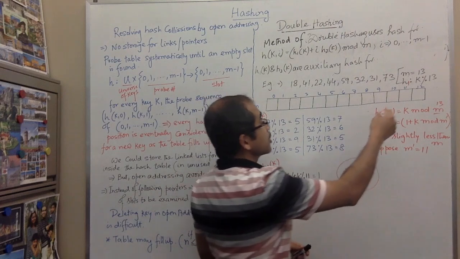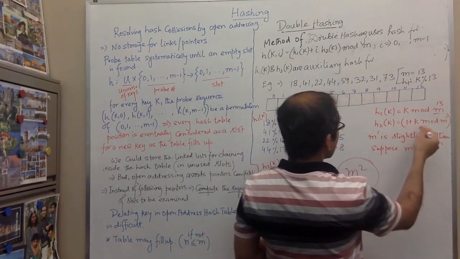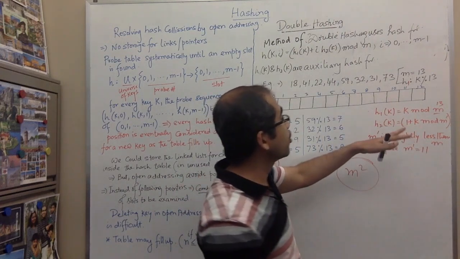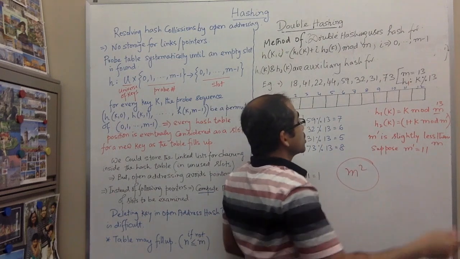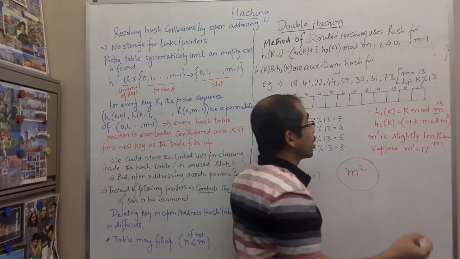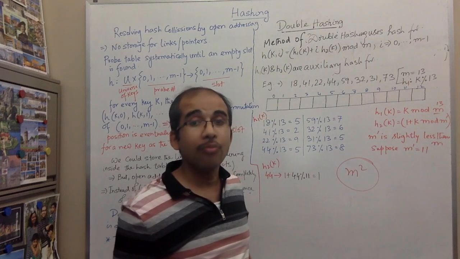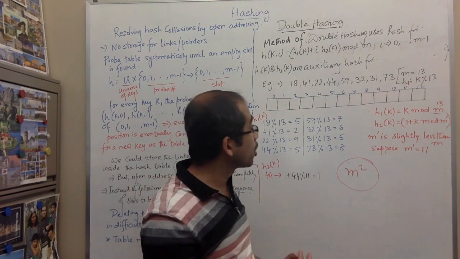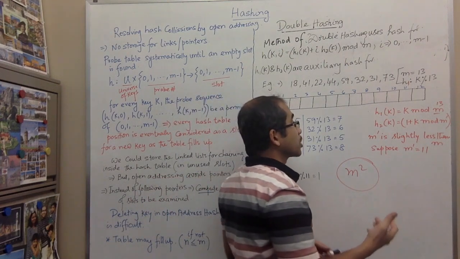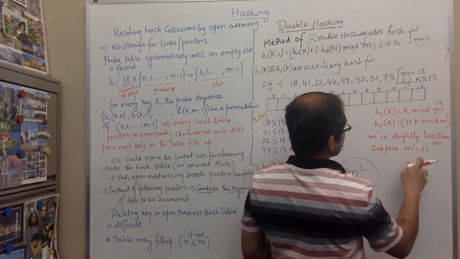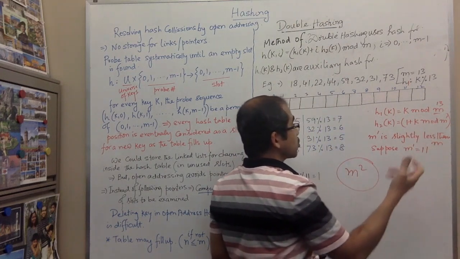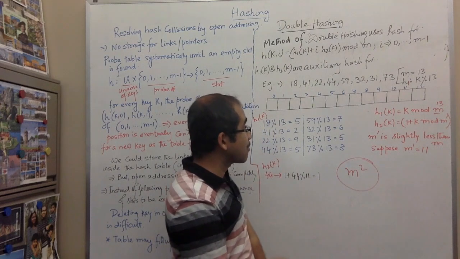Here m is not even, m is 13. This is from the book, one way of generating it: 1 plus k mod m prime, where m prime is another number a little bit smaller than the size of m. It can be m minus 1; we have taken m minus 2, so as m is 13, we make m prime 11.